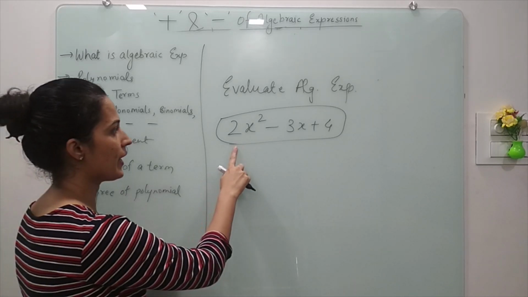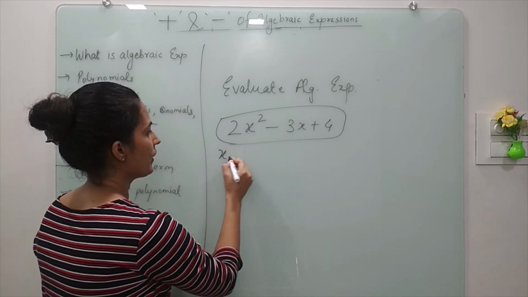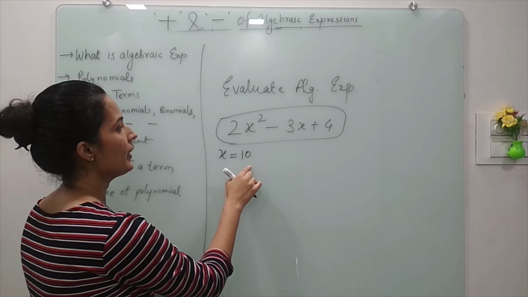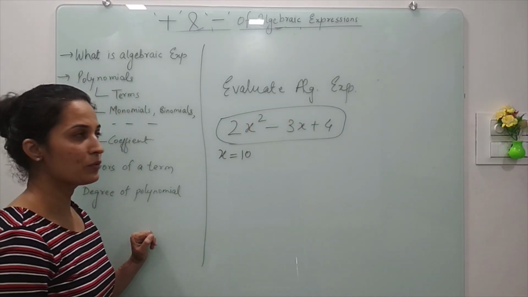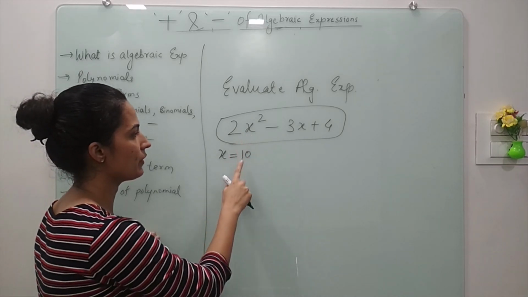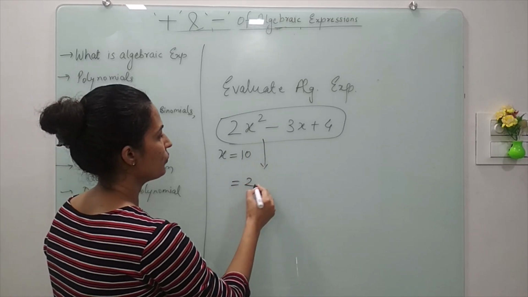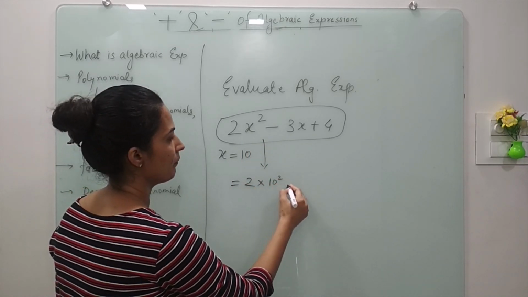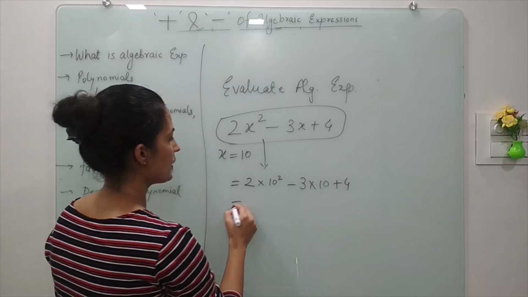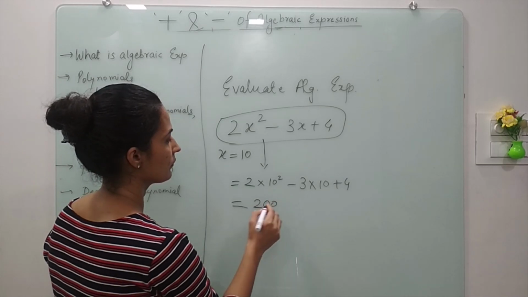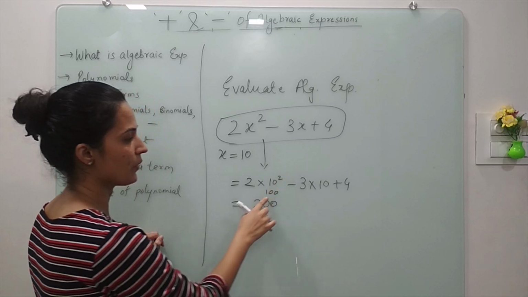So I have taken an example here. This is a polynomial. Now here I am saying that if x is equal to 10, evaluate the value of this polynomial. So what I have to simply do is replace this x with the given value of x. So I can write this as 2 into 10 square minus 3 into 10 plus 4. 10 into 10 is 100, 10 square is 100.